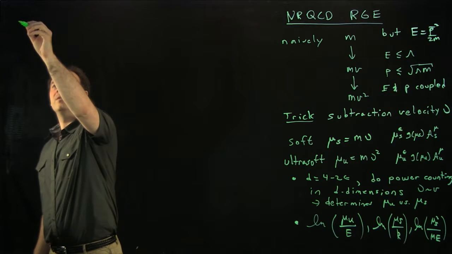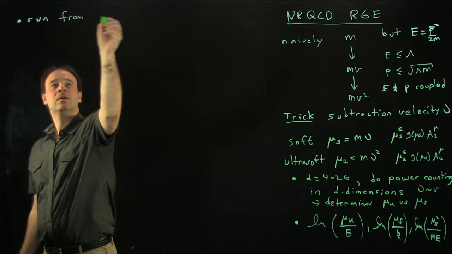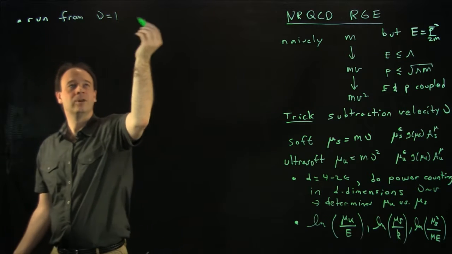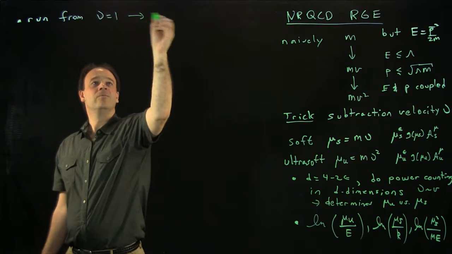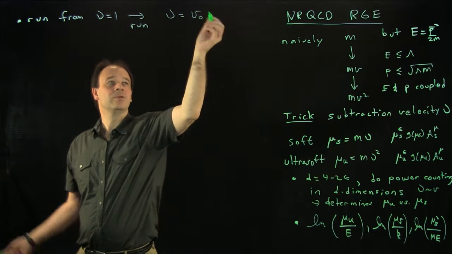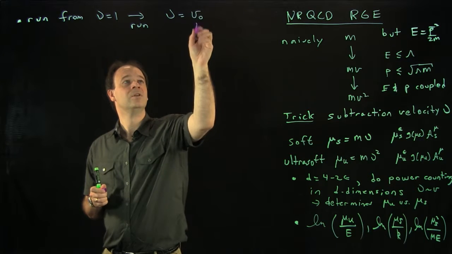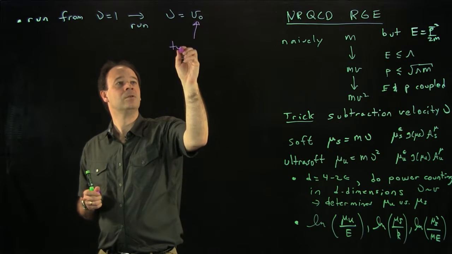So what we do when we think about running is we run in nu. So we start at nu equals 1, where all the scales are equal, and then run to nu equals some typical velocity. So v0 here is just some typical velocity of the system, some scale choice.